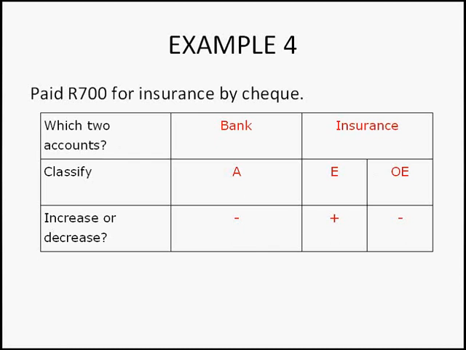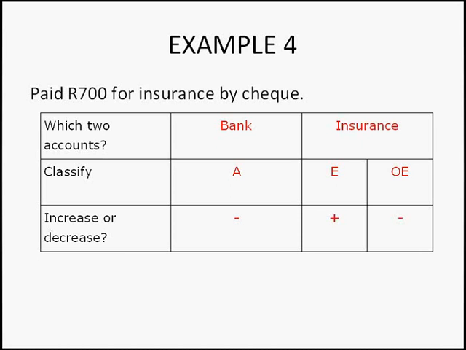So if you spend more money on insurance, then the total amount will increase. But if you, for example, get a rebate or a discount, then the amount will decrease. So it's important that you look at the effect of incomes and expenses on owner's equity in the accounting equation.